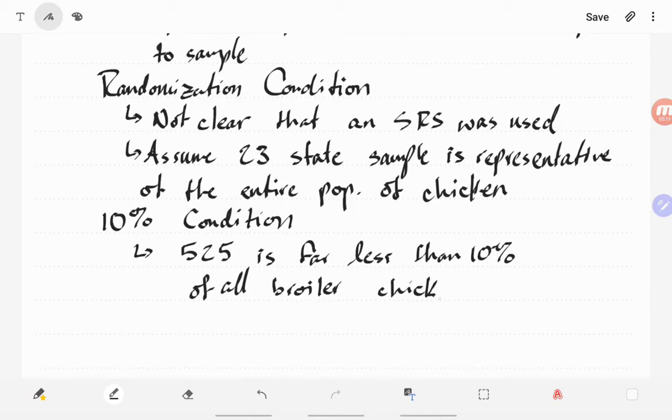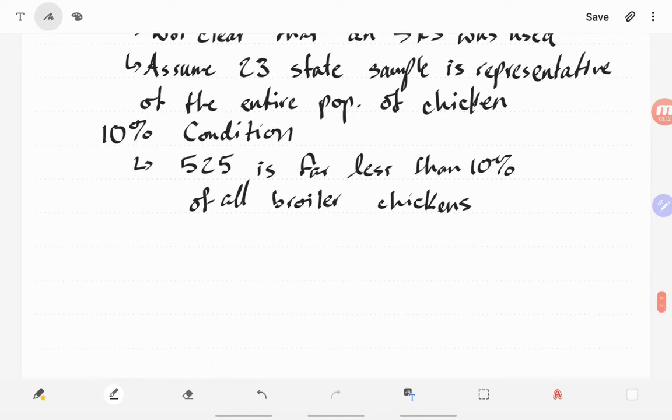Okay, and then we've got one more that we have to check, and that is the success/failure condition, right?